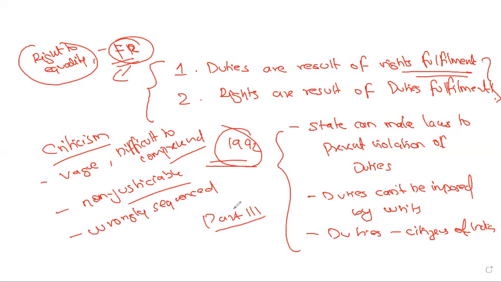That was the criticism. Then they said that more importance has been given to Part 4, the Directive Principles of State Policy, and that you have also increased the burden of Part 3, the fundamental rights. Then they said that important duties like paying tax and voting in elections have not been included. So these are the criticisms of the fundamental duties.